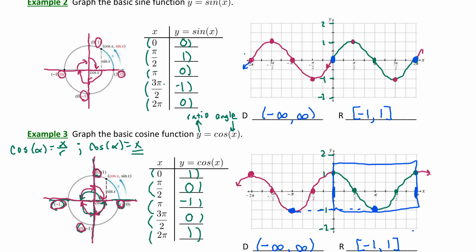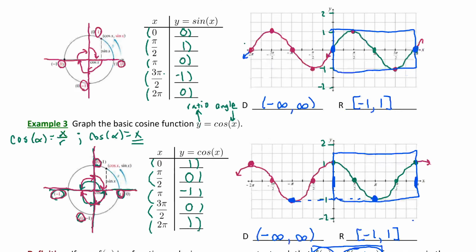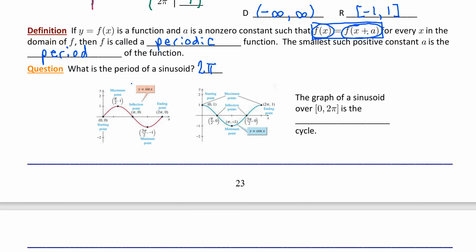From x equals 0 to x equals 2 pi, we see a snapshot of the graph or the pattern that repeats across the entire domain. So the period of both sine and cosine is equal to 2 pi. The graph of the sinusoid, either sine or cosine, over that interval from 0 to 2 pi is called the fundamental cycle.